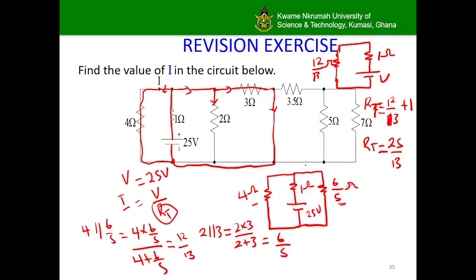Now that we know what the total resistance of the circuit is, we can find what the total current is. And so the total current here is simply the total voltage 25 divided by the total resistance, which is 25 over 13. If you evaluate this, you get 13 amps to be the total current.